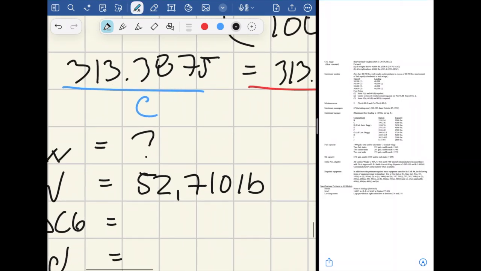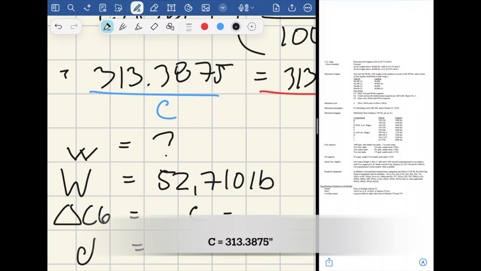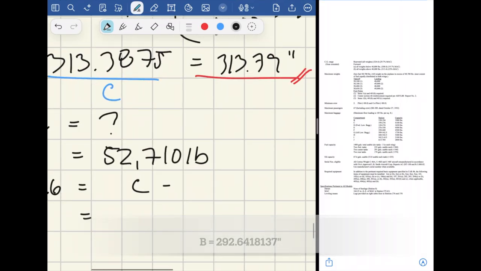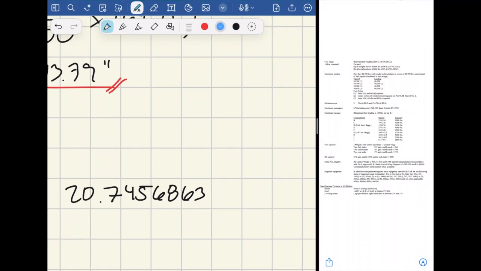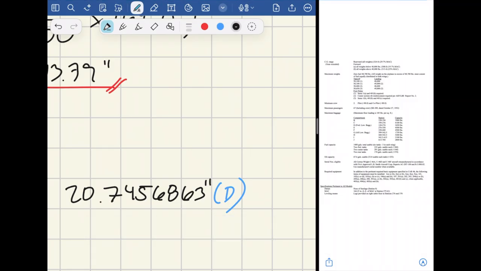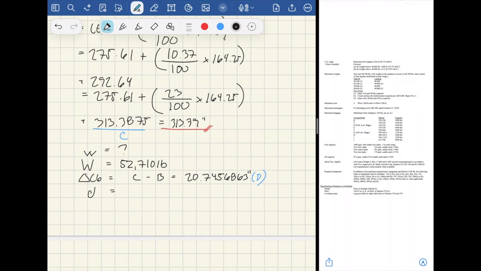So right now, we're gonna do change in CG equals alpha C minus alpha B. Now that will give us 20.7456863. Now guys, let's store this to letter D. That is in inches. Okay, so nakastore na siya sa letter D, ang ating change in CG.